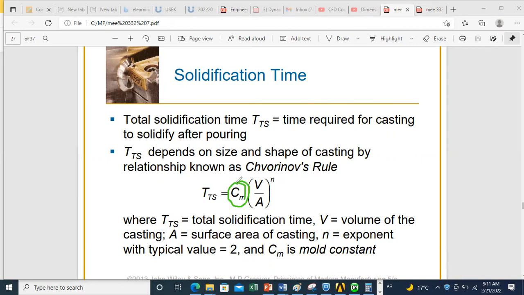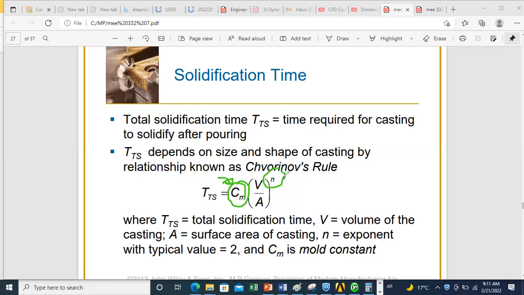For the mold constant, if we are using the same mold, for example, for different processes, we can consider that CM is the same. Now, for V over A, V is the volume of the casting, and A is the surface area of the casting, while N is the exponent with a typical value of 2.